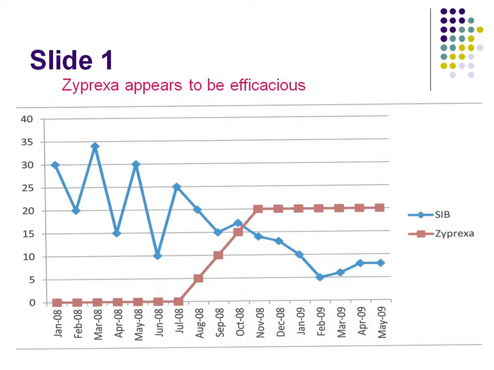But in August of 2008, the Zyprexa was started at 5 milligrams per day, then increased to 10, then to 15, up to 20 milligrams per day. And you can see the behavior kind of came down. It looks like the Zyprexa is working. And of course, you always have to worry about side effects. There's a lot of talk about Zyprexa and metabolic syndrome, diabetes, hyperlipidemia.